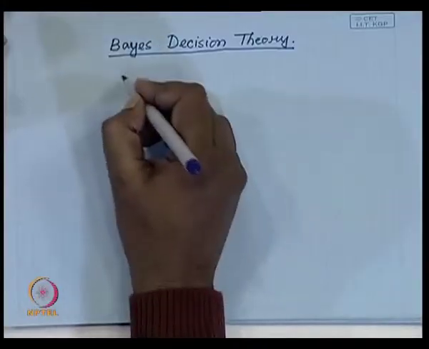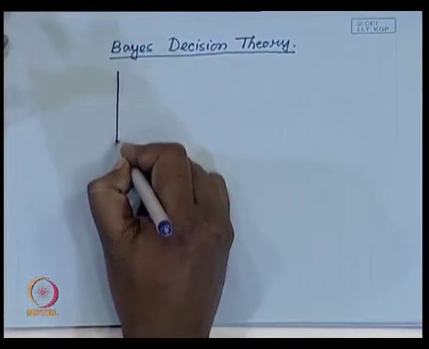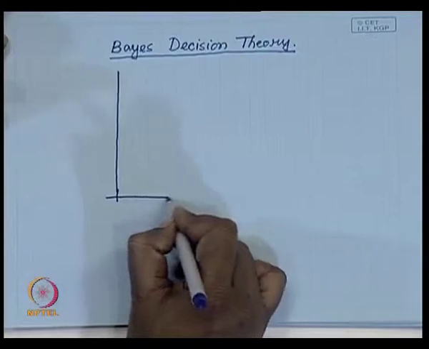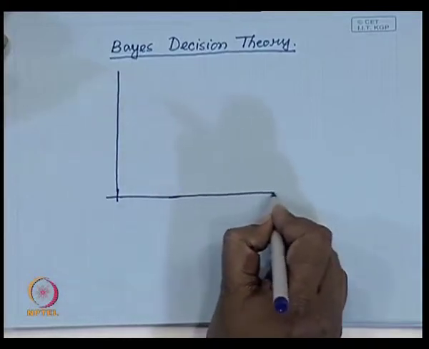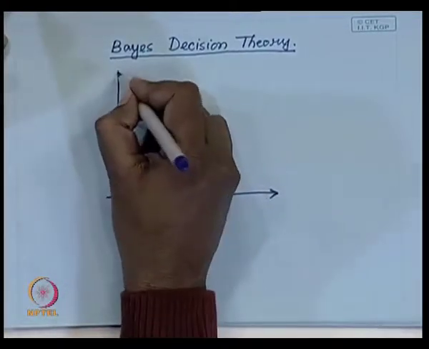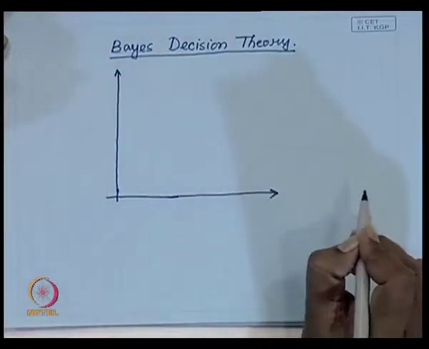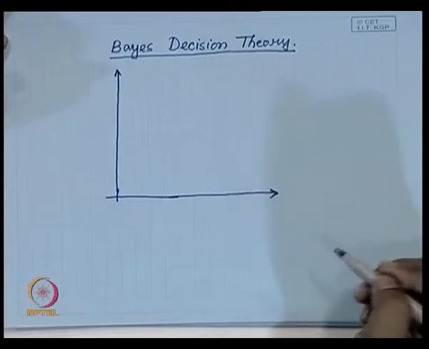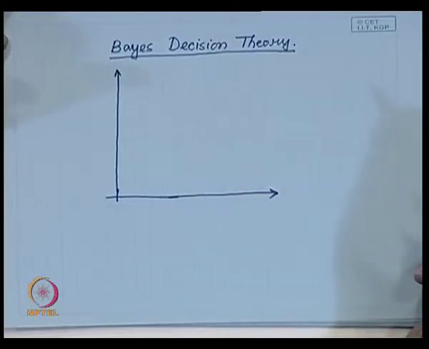Okay. So, taking a very simple example, suppose we have 2 dimensional feature vectors. I am taking this example of 2 dimension illustration, because I can very easily plot or demonstrate what happens in 2 dimension. Okay.